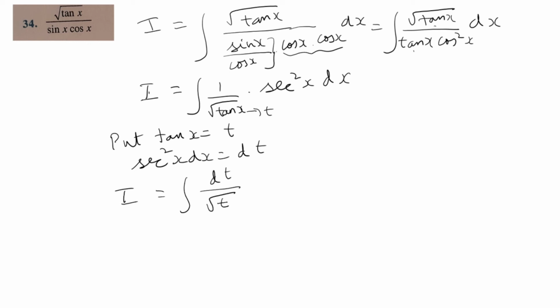Root t is t raised to minus half. So if we integrate, we get t raised to minus half plus 1 is plus half divided by half plus c. So I is equal to 2 into t raised to half, and for t we can substitute tan x. So I is equal to 2 root tan x plus c.